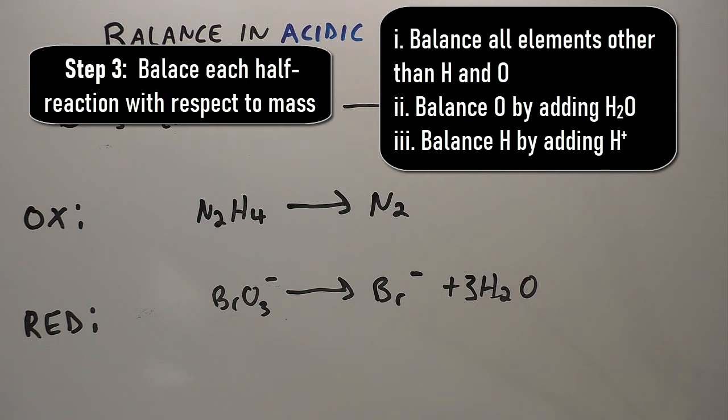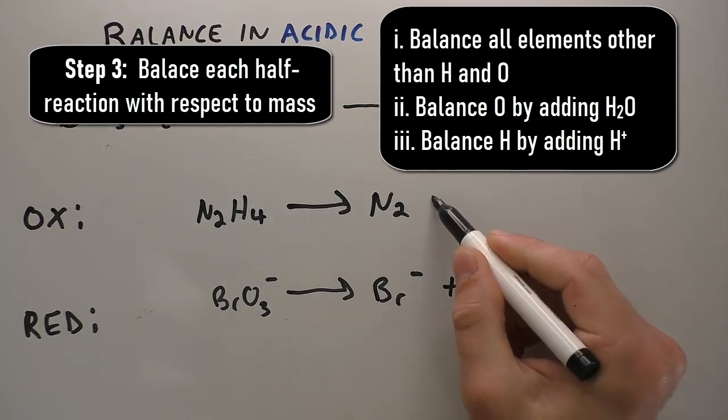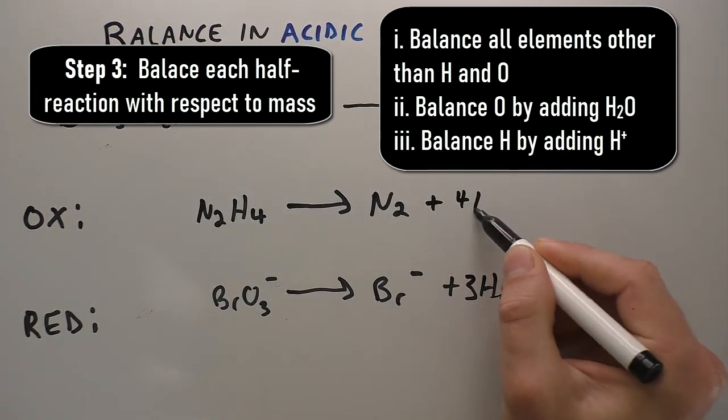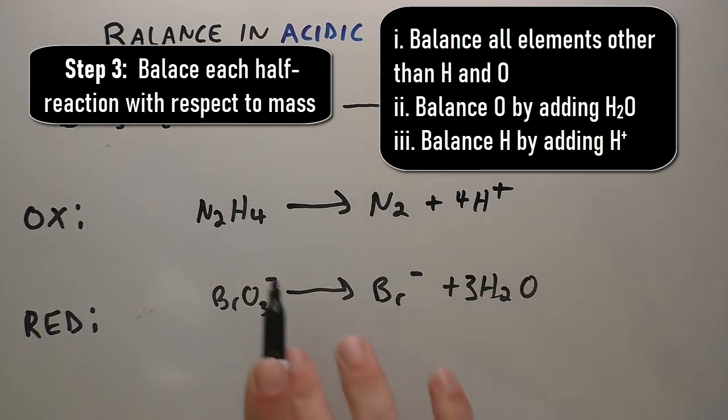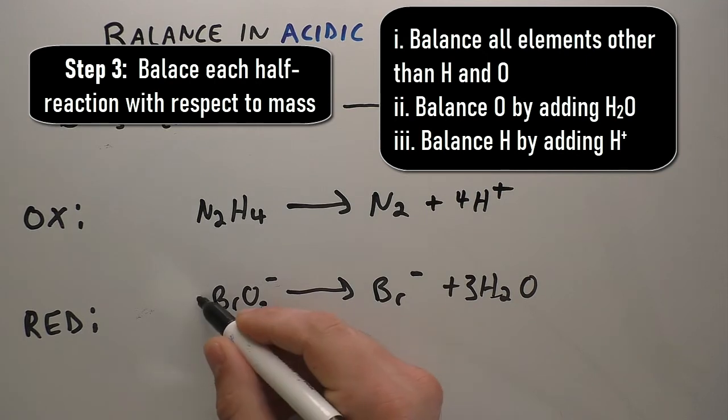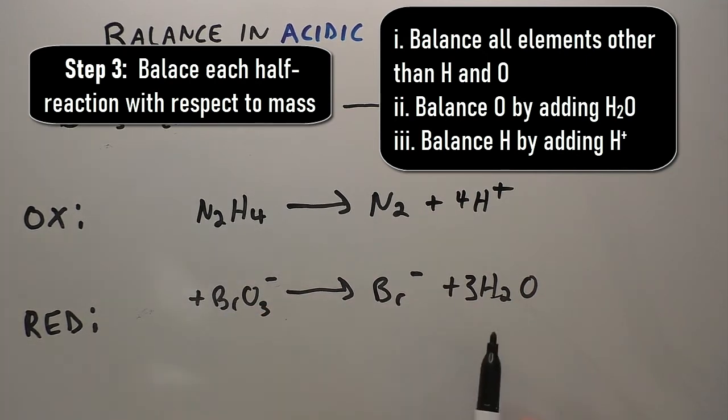In the oxidation half reaction, we see that we have 4 hydrogens on the left, so we need 4 hydrogens on the right, and so we're simply going to add 4 H+ on the right. So hydrogen is now balanced in the oxidation half reaction. And then since a moment ago we added hydrogen to the right-hand side of this reduction half reaction by adding water, we need to add enough H+ to balance out the hydrogens.